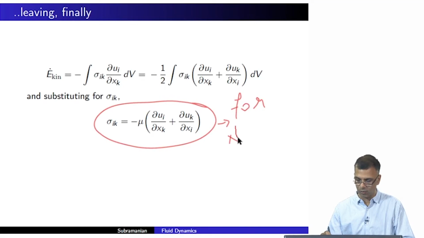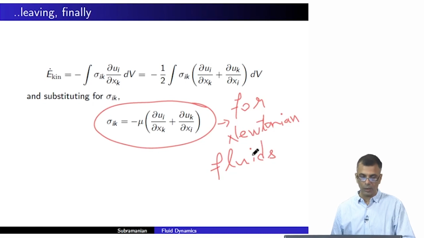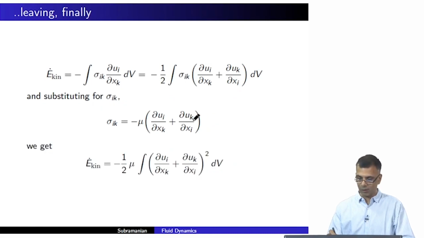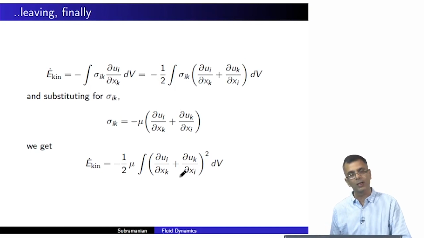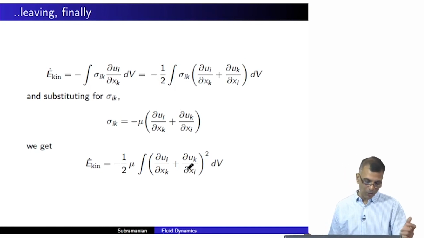This is the definition, so to speak, of a Newtonian fluid. So this quantity gets squared, because inside this sigma ik I have another thing, this bracket thing that appears again here, so it gets squared. And this is my final result.